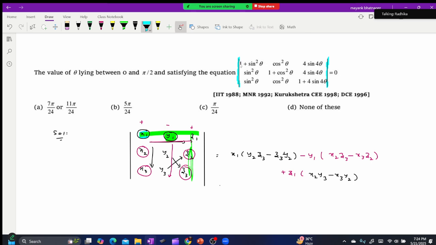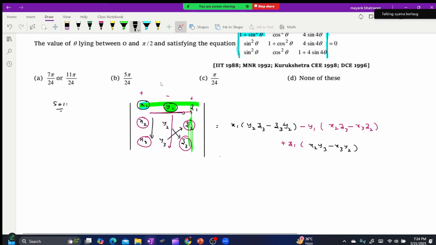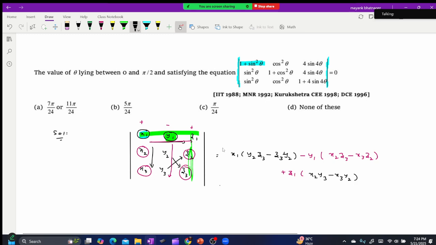Now tell me, Shyama, if you are using this, are you able to solve this? Yes, so basically simple multiplication and then subtraction. Can you just solve it?